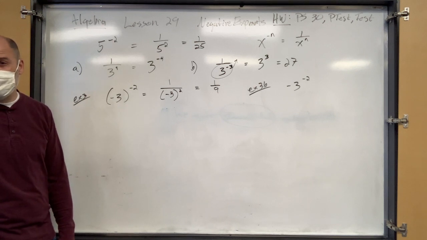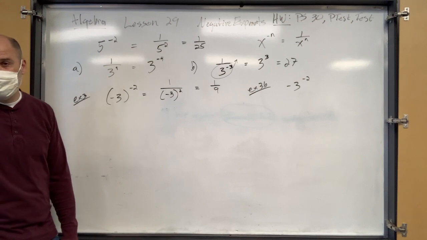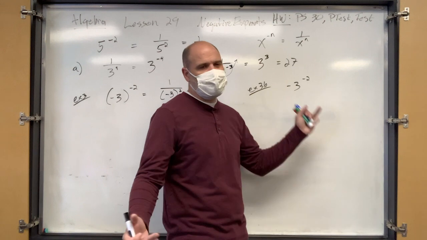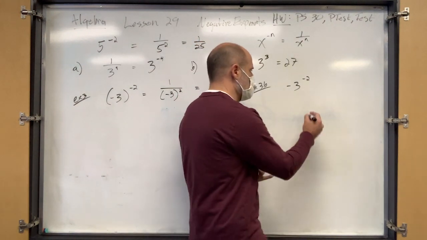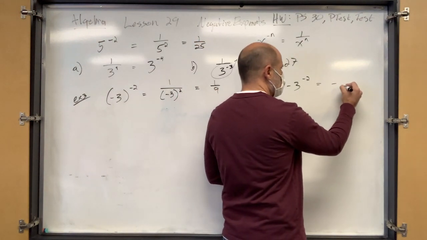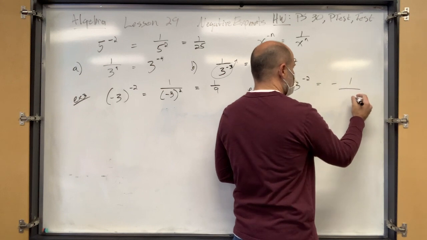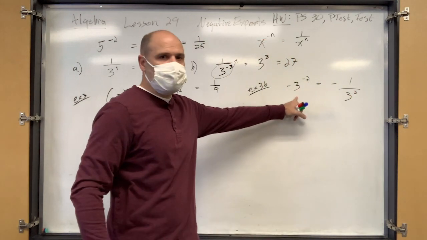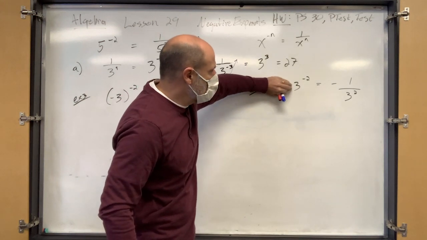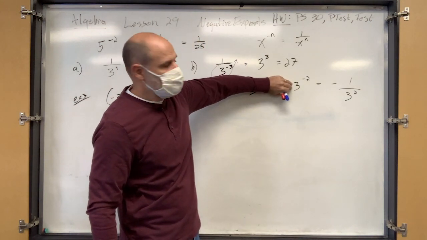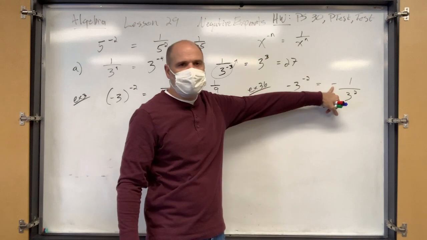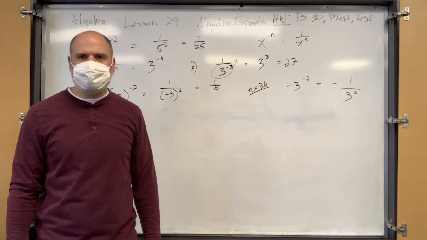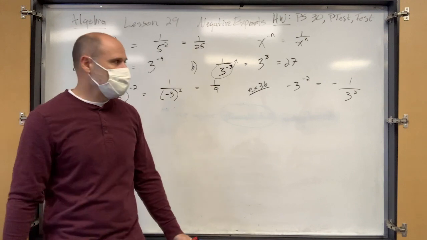So what do you do with the negative? It doesn't matter, the only thing that the negative 2 applies to is that 3. So we're going to deal with that negative later. See how that negative is still there on top. So what is this? Negative 1/9.